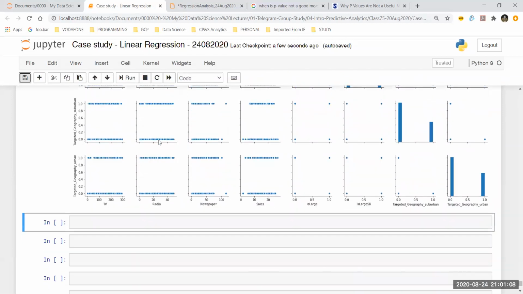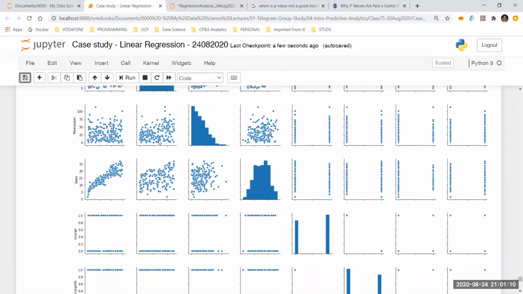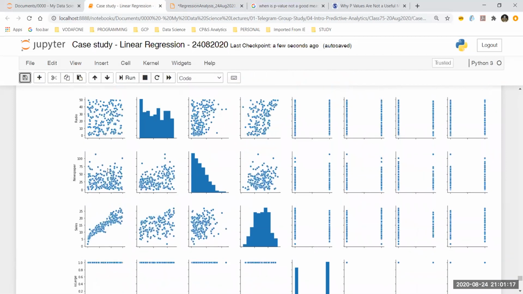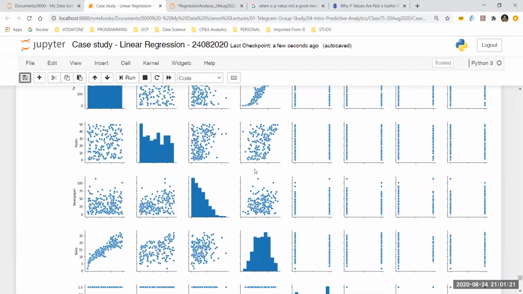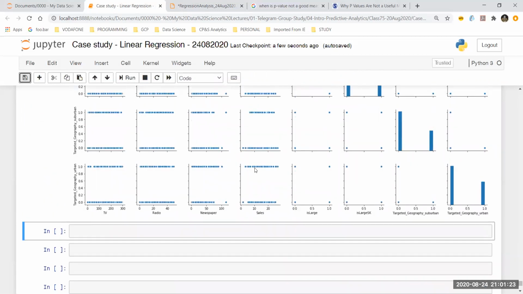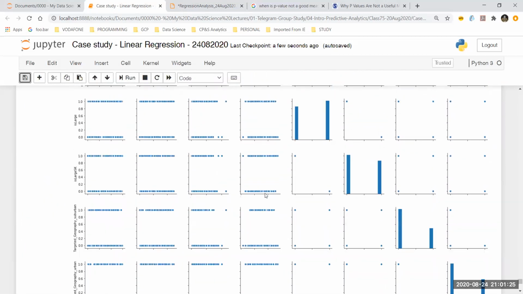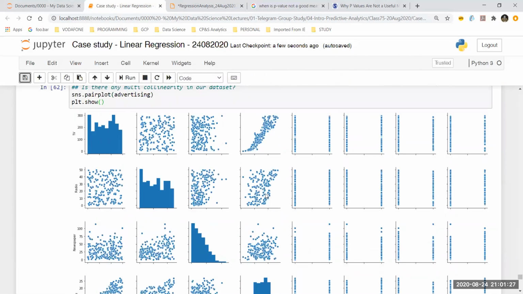But what about this? This is also sales versus radio. What about this or this? Is there any relationship of growth or any relationship of decrease? Because this field over here is sales. Am I able to see any relationship?